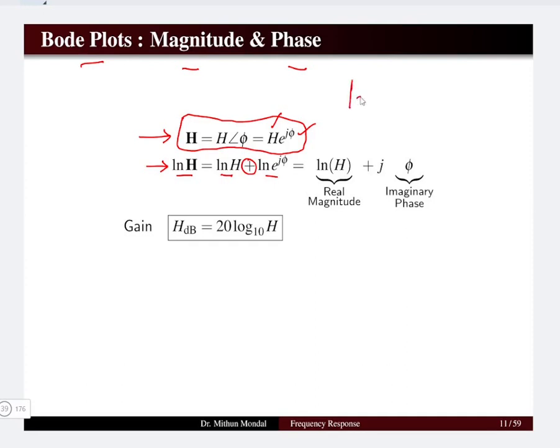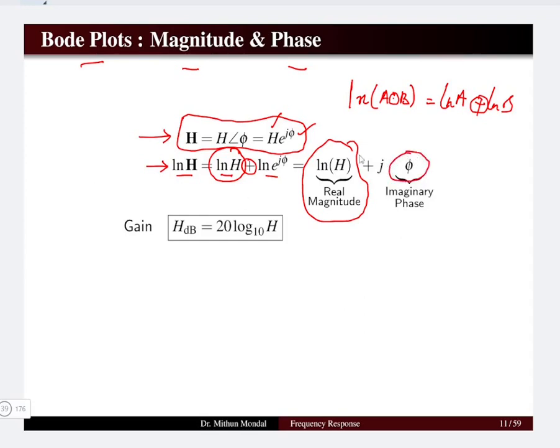We know that the natural logarithm of the product of two numbers a into b is equal to the logarithm of a plus the logarithm of b. So the product is converted to a summation using the logarithm. Here the term ln of H, the first part, indicates the magnitude and it is the real part, whereas phi in the second part is the imaginary part and it represents the phase.